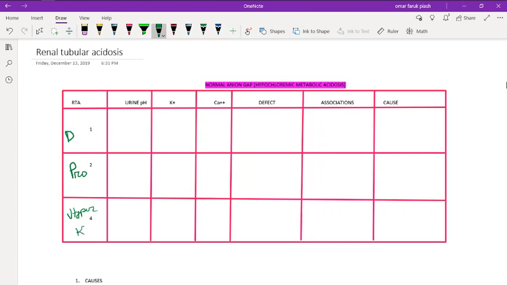What you have to remember is that type 1 is an odd number, so the odd thing will happen here only, and types 2 and 4 would have kind of similar findings.